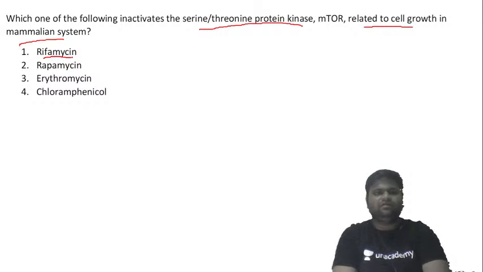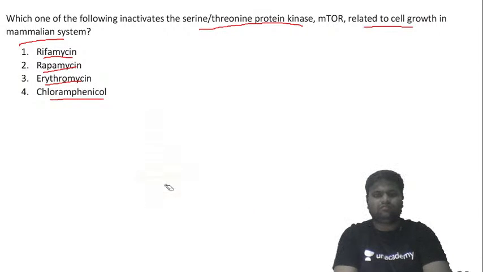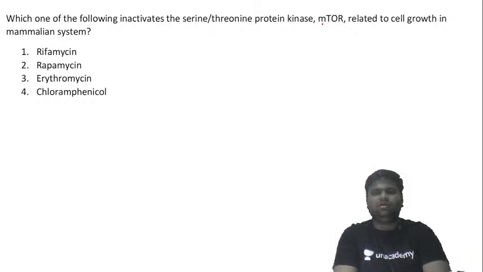Option A says rifamycin, option B says rapamycin, option C says erythromycin, and option D says chloramphenicol.